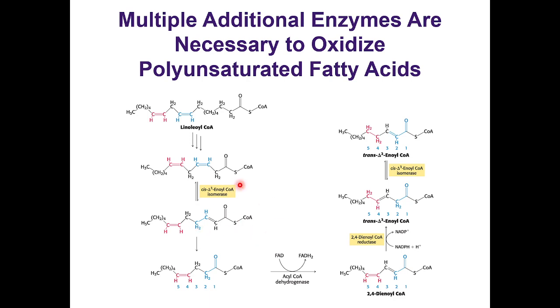And so right here, this is that cis-delta-3-enoyl-CoA isomerase. It's going to rearrange this cis bond into that trans bond just like we saw before. That's that same one we saw the pathway for before. And then we'll again go to the next step, and this is going to end up splitting this off right here.